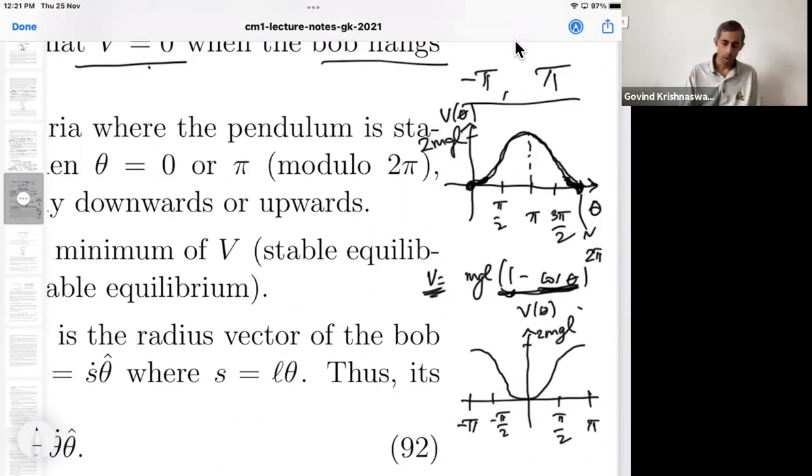Does the picture look okay to all of you? In the second picture, I have just shifted my origin of theta to 0 as opposed to pi. Anyway, the function V is periodic with period 2 pi. So please stare at these figures and tell me if you would like me to explain them further.